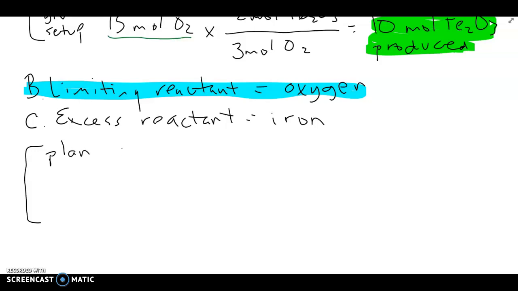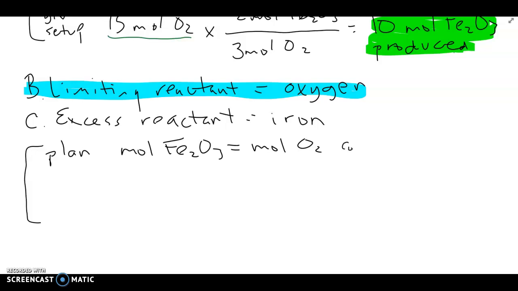Our plan is moles of Fe2O3 equals moles of oxygen. We need to take the amount of product we produce and then figure out how much oxygen we're actually using.